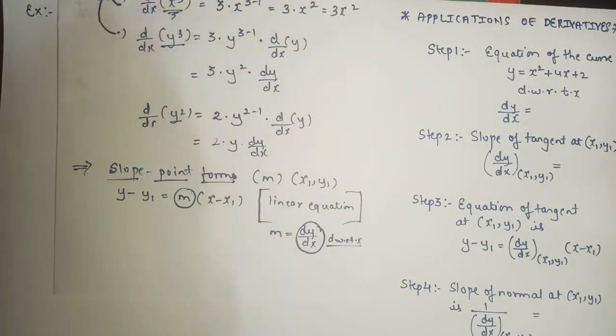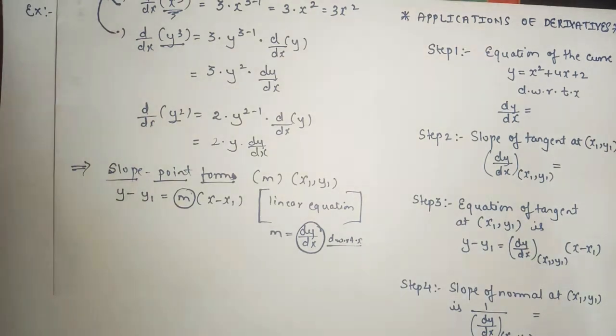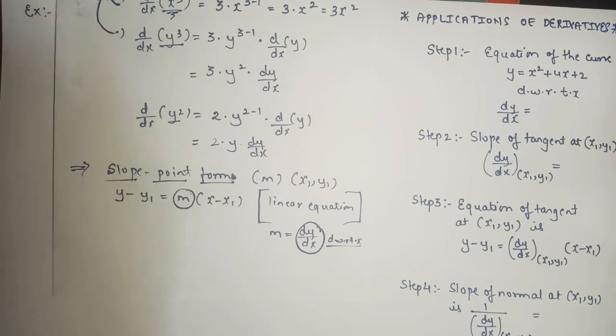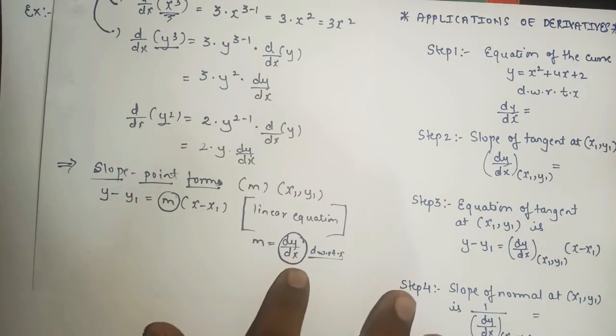So in simple language, the slope which we find in derivative, and m which we used to say slope in 10th standard, now actually that m and dy by dx are one and the same. It means what?